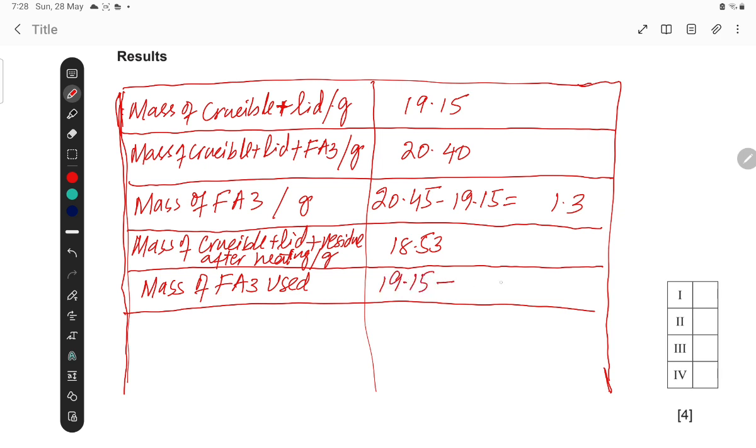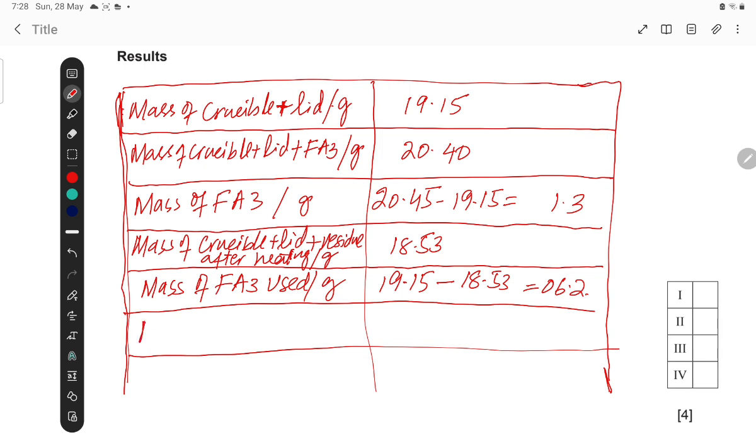(19.15 minus 18.53) is equal to 0.62 grams. So this is the mass of residue.